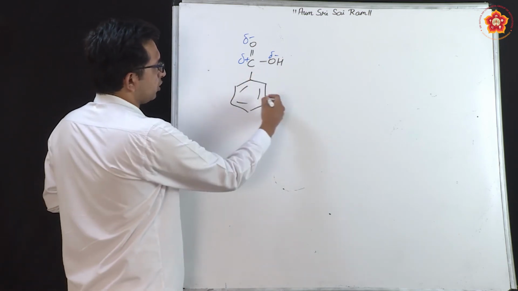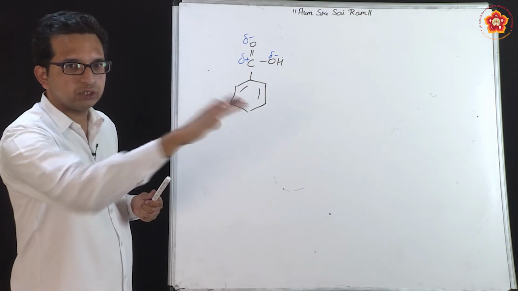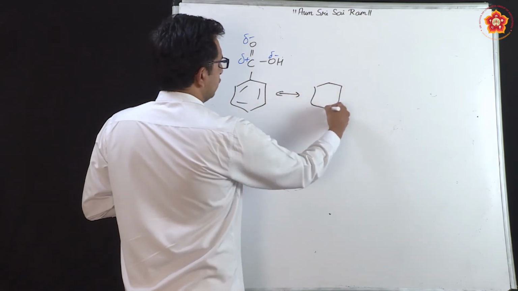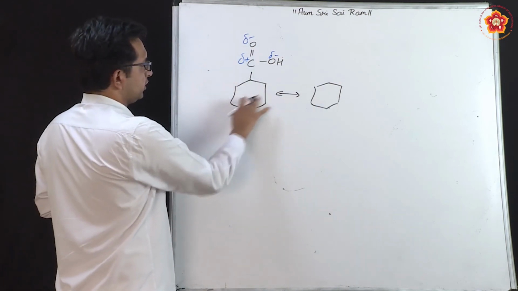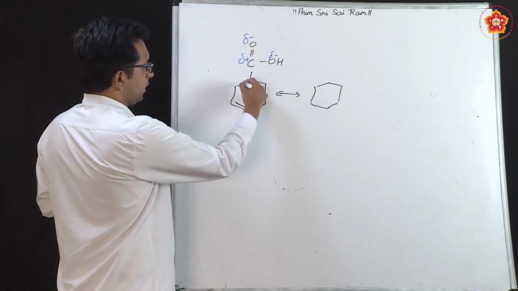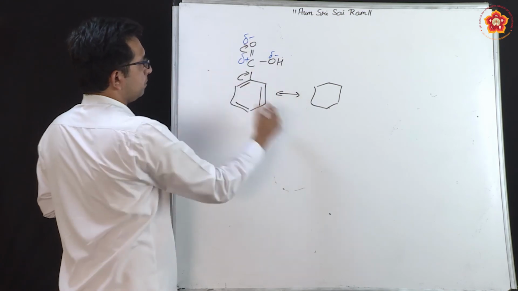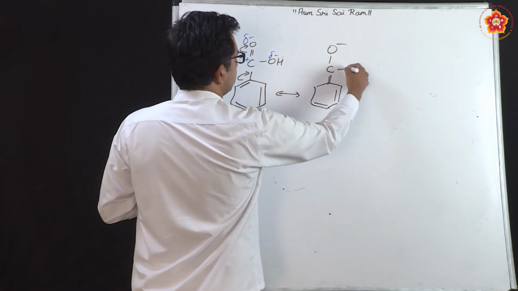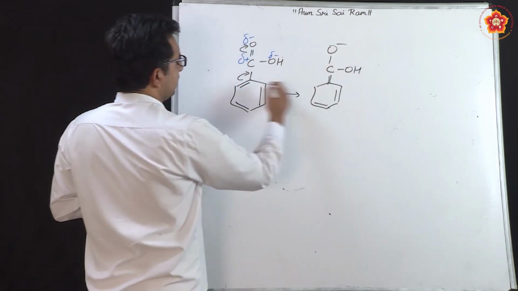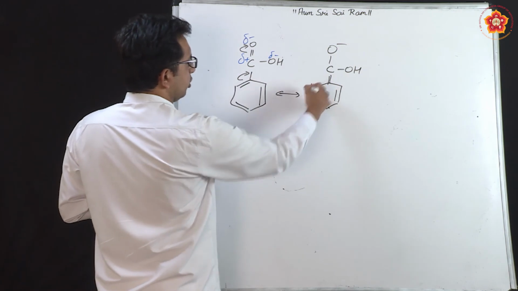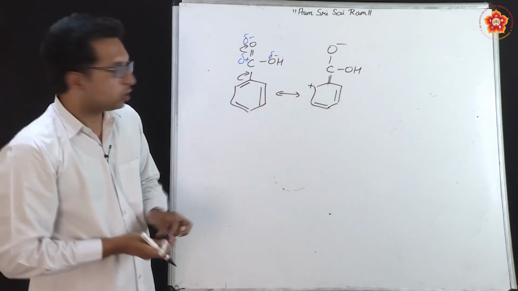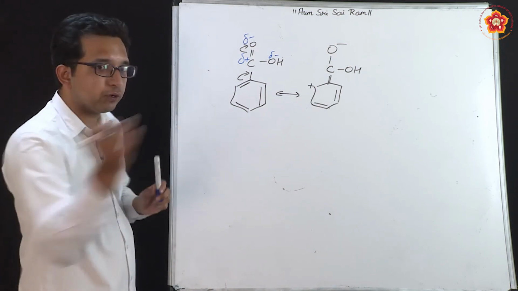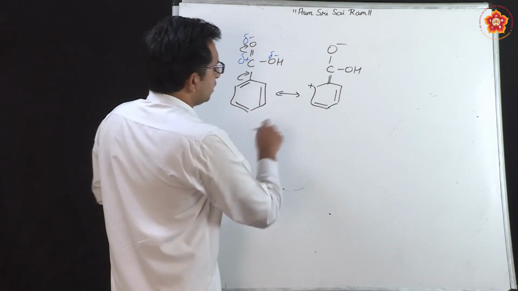Since it is electron withdrawing, we can write the resonance structures. Let me show those resonance structures for you. This is the pi bond which will go up, and this will go up. So, it will remain in this form where oxygen will be a negative charge species, and because these two electrons are gone, this will be a positive charge. Similarly, the ortho and para positions will have positive charge, which indicates that if a new electrophile comes and attacks, it will meet a positive charge.